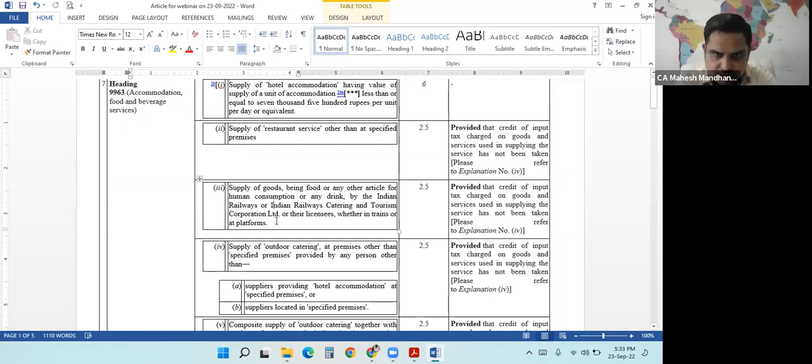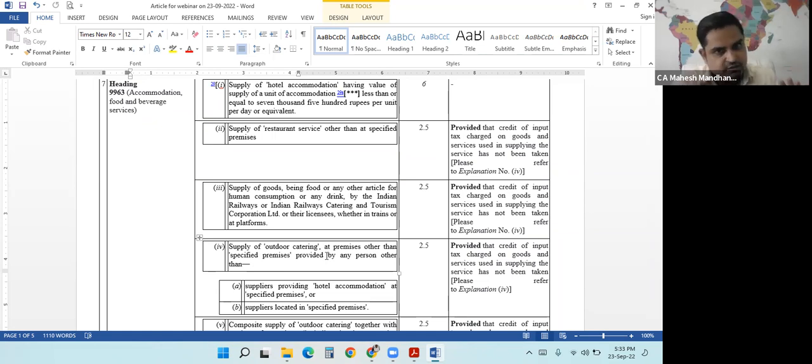Supply of goods by the IRCTC or by Indian Railways, whether in train or at platform, is also liable to tax as supply of service at 2.5% without ITC. Simple. Supply of outdoor catering is also liable to tax at 2.5% without ITC, at premises other than specified premises.